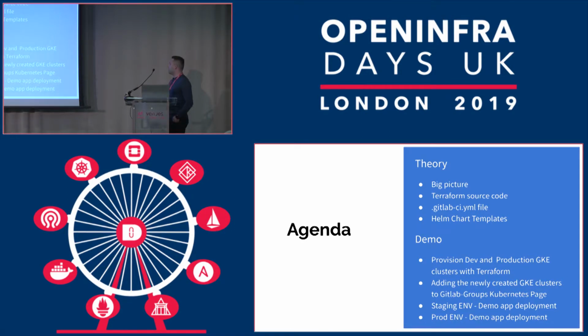Then we will add these newly created clusters to GitLab groups. And yeah, we will have application deployment in staging, and we will promote this application change to production, and it will be deployed on the production cluster.